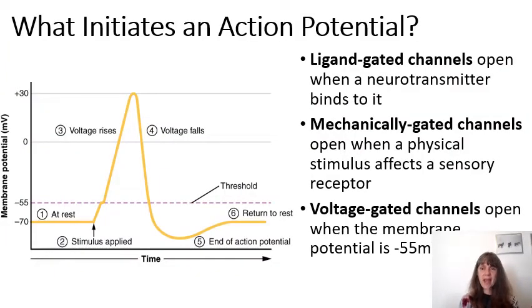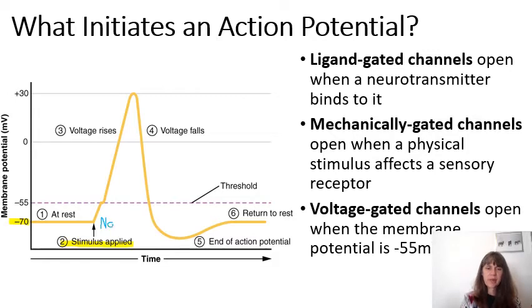We know that action potentials are electrical impulses. In neurons, we call them nerve impulses. We know that the membrane of a neuron at rest can be measured at negative 70 millivolts because it is polarized. If a stimulus is applied, that stimulus can potentially open up protein channels that will allow the influx of sodium.